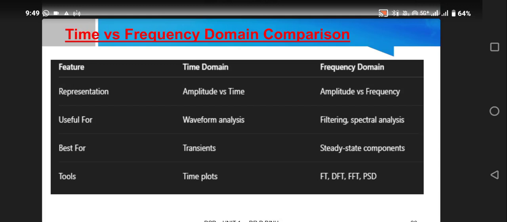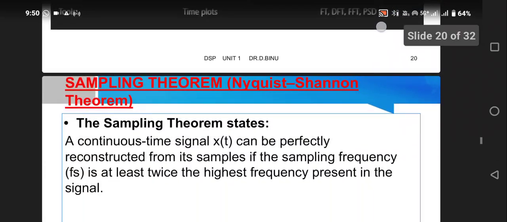Time domain analysis is best for transients. Frequency domain analysis is best suited for steady state components. The tools used for time domain analysis are time plots. Some of the tools used in frequency domain analysis are Fourier transform, discrete Fourier transform, FFT, and PSD.